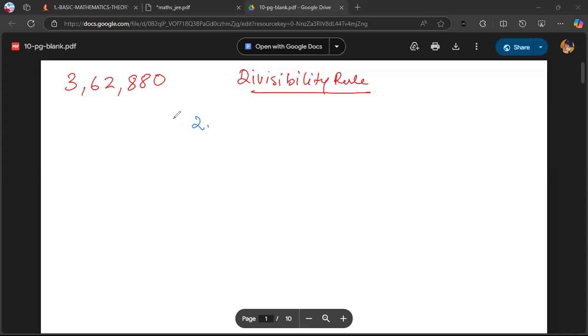If there is a big number in front of me, rules help us decide, after looking at a number, whether it is divisible by certain numbers or not, like 2, 3, 4, 5, 6, 8. So how will we decide whether the number is divisible by 2 or not? What is the rule for divisibility?